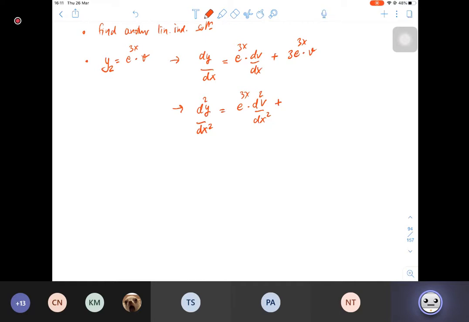Here we need to take the multiplication rule. So it's going to be 3 times e to the power of 3x dv by dx, right? And then plus the last term here. So you're going to have 3e to the power of 3x dv by dx plus 9e to the power of 3x times v.